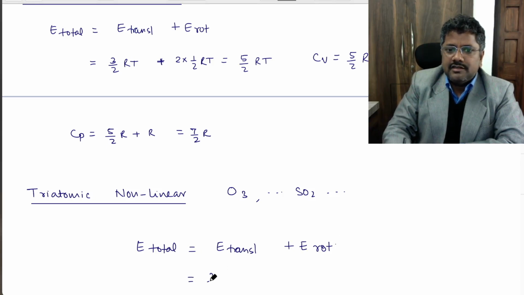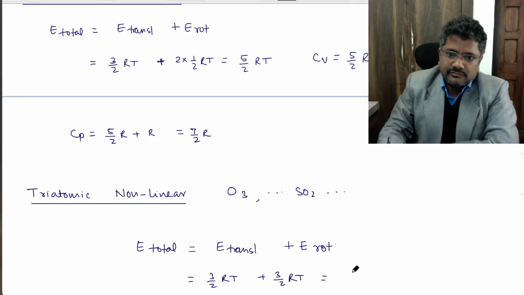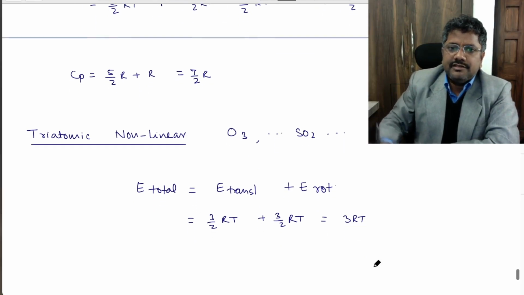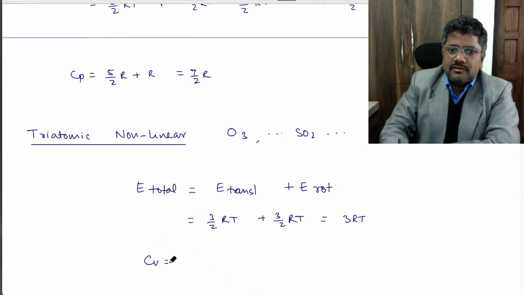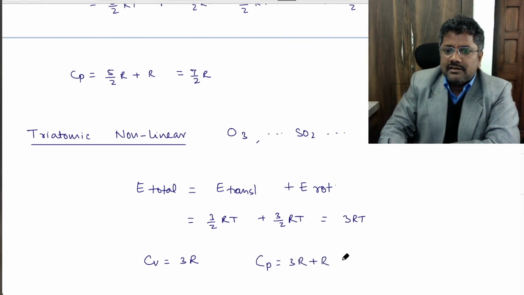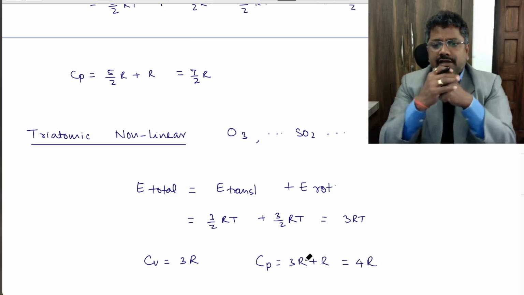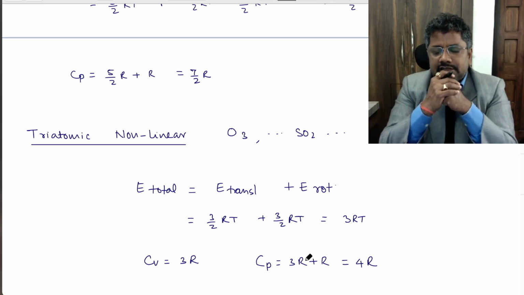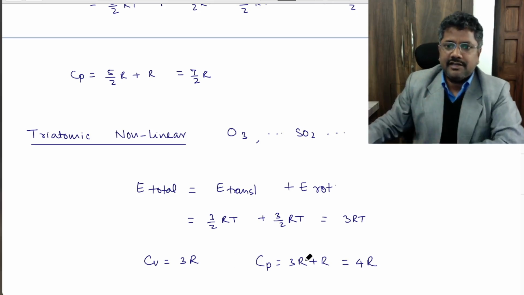So this is 3 by 2 RT plus 3 by 2 RT. So this is equal to 3 RT, right? So CV is equal to 3R, and CP is equal to 3R plus R is equal to 4R. So in this way you can calculate the CP and CV, right?